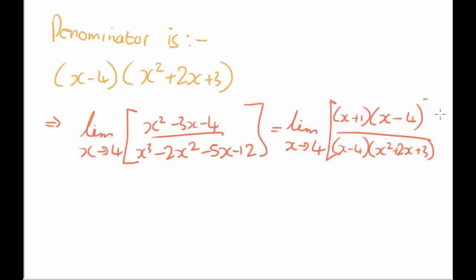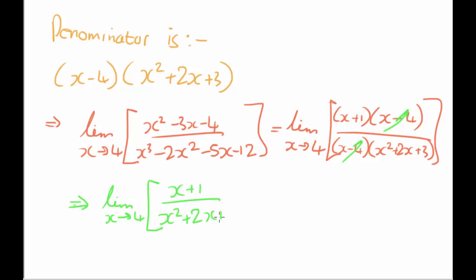And we can see here that x minus 4 is going to get cancelled out on the numerator and denominator. So then we're left with the limit of x going to 4 with x plus 1 over the top and x squared plus 2x plus 3 on the bottom. So then when we fill in for x equal to 4, we get 5 over 27.